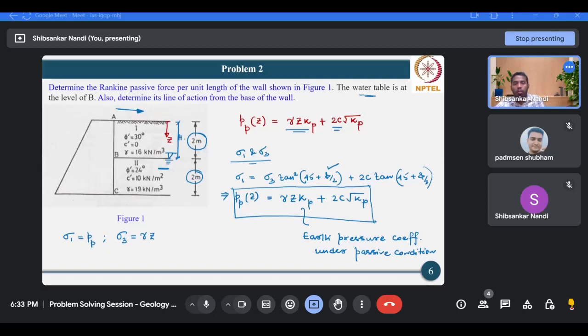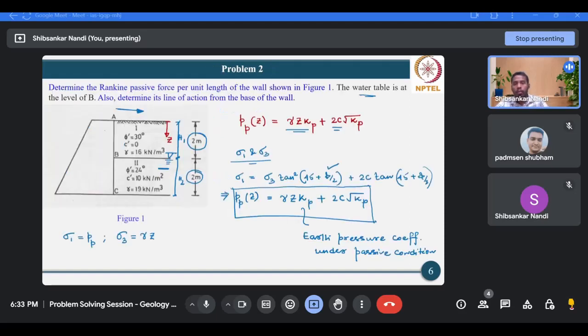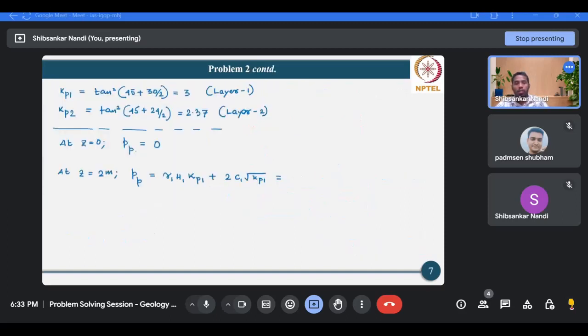So this is your H1 and this is your H2. Both are 2 meters. So gamma 1, that is the unit weight of the top layer, is 16, multiplied by 2 multiplied by 3, plus 2 into c1, which is 0. So this term will not be there. So it is 96.